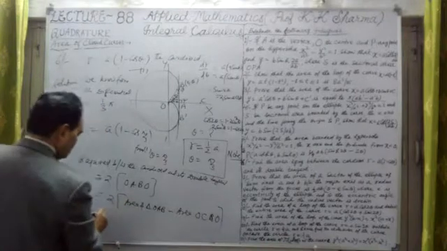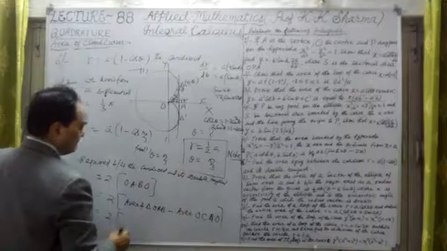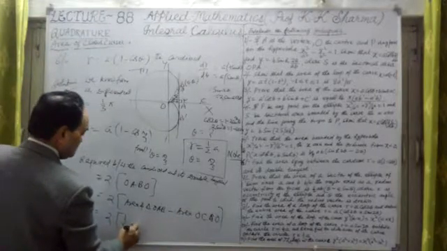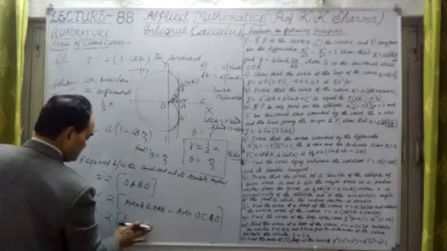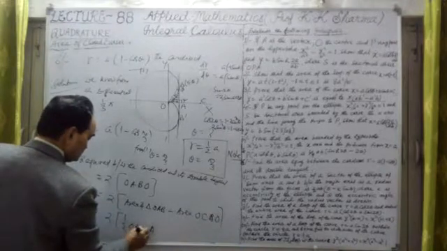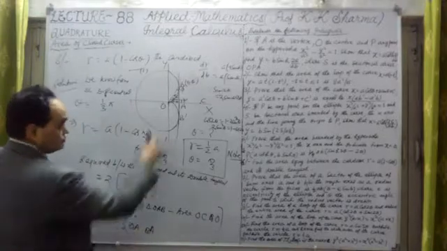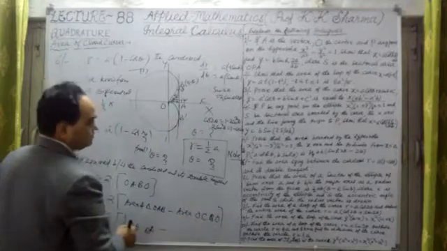Okay, that means we have to find out this twice. Area of the triangle is half, OA into AB, or BA, OA into AB minus area of OCBA.